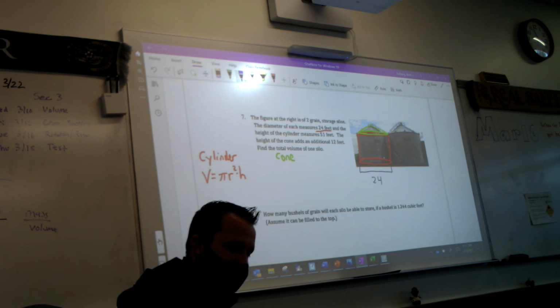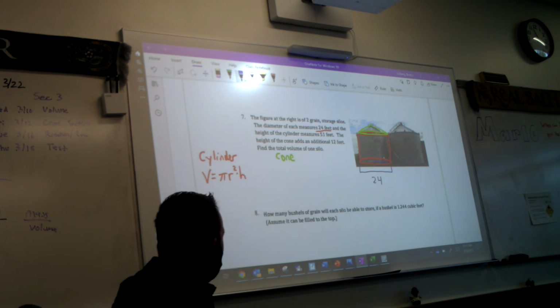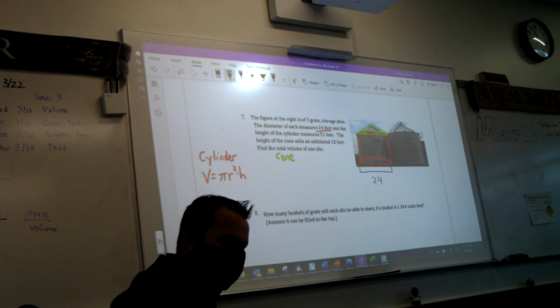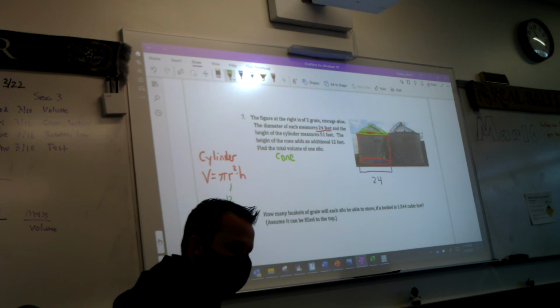How does that help us? Because you need the radius. And the radius will be 12, half the diameter. So I'm going to put a little note here. The radius is 12. We'll read the next bit. It says the height of the cylinder is 51. So I'm just going to put 51 right there.